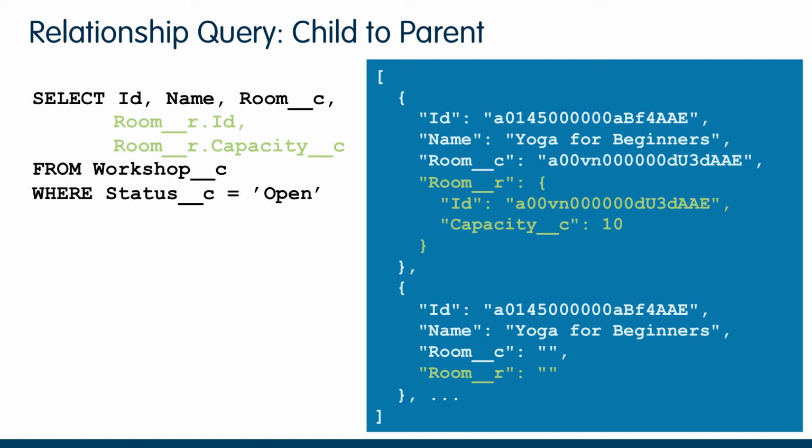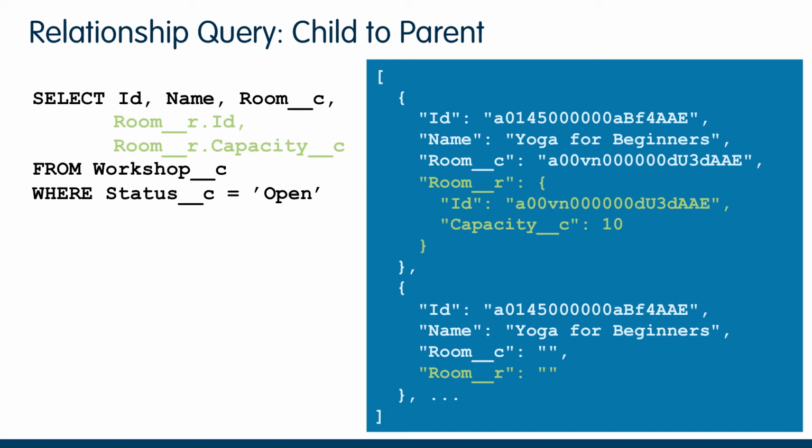name, and room. But if we now extend the query on the left to add in things from the parent. So this is looking from my workshop and saying, okay, what room am I in? I can only be in one room, so it's nice and easy. So we use the relationship notation, the __r, and say, go get me from the related room the ID and the capacity.